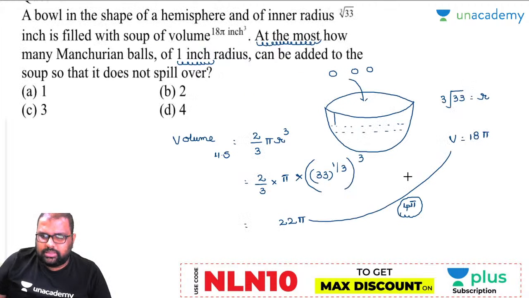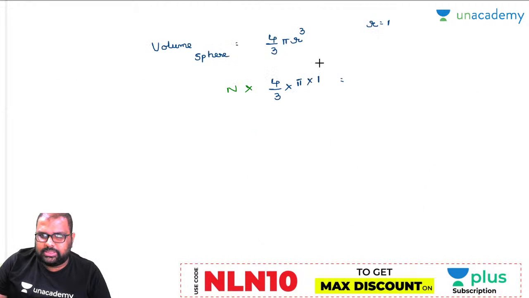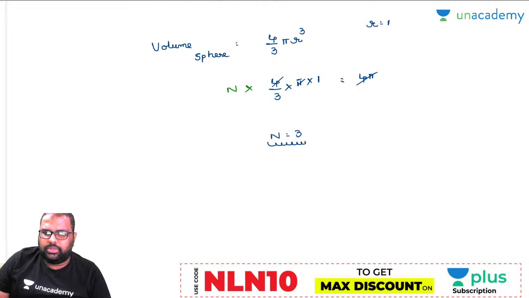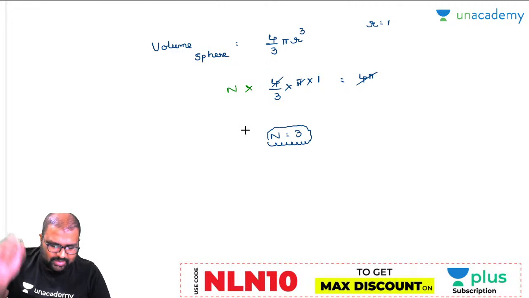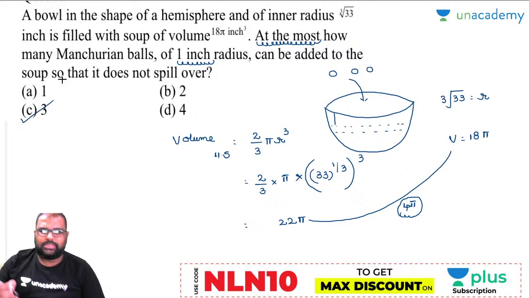This remaining space volume, which is nothing but 4 pi. Now what will be your answer? 4 pi gets cancelled and your n value will be equal to 3. So at most, maximum how many Manchurian balls can be dipped into the soup? Is it 3? Your answer is 3.